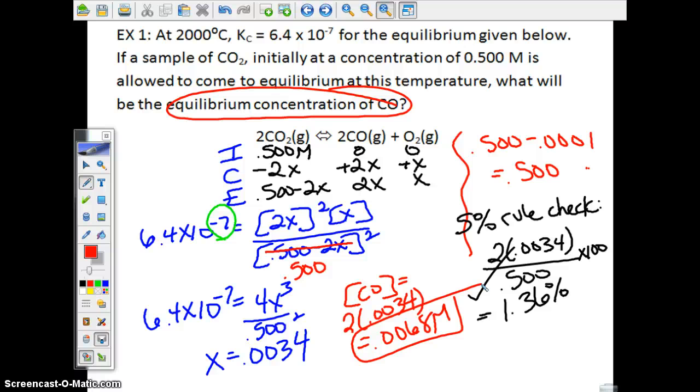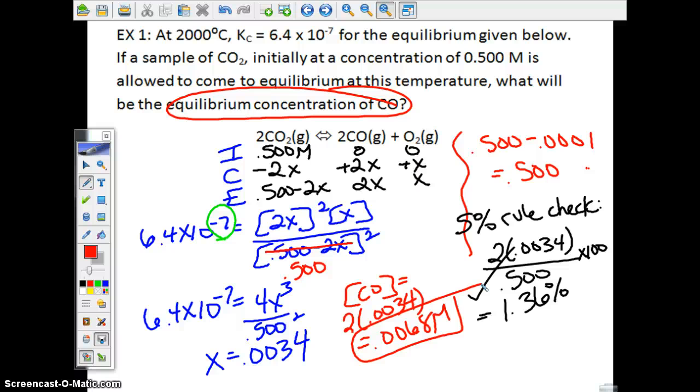You don't have to use it, but did someone finish this problem early and use the solver? Because if you use the solver, you get 0.00339. With 2 sig figs, you end up with the same answer. So you don't need to go through all that pain and trouble and start getting frustrated with your solver. When you have a cube, this is generally going to be valid, so you don't have to worry about it.